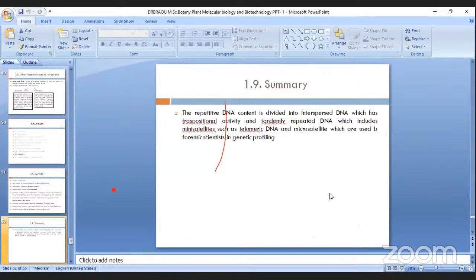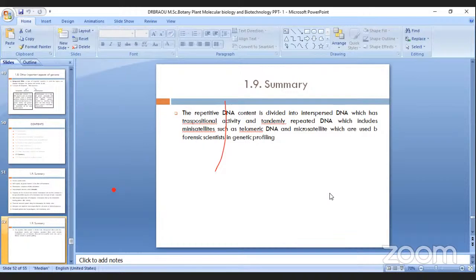The repetitive DNA content is again divided into interspersed DNA, which has transpositional activity, and tandemly repeated DNA.